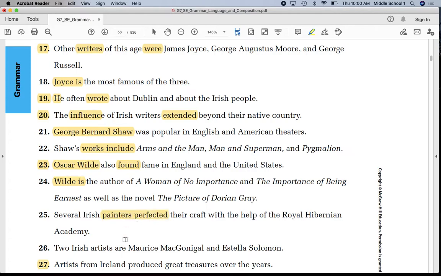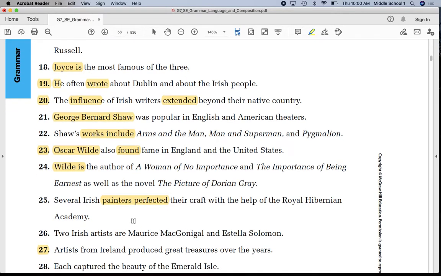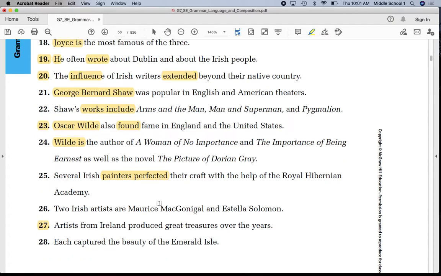Painters perfected, line between painters and perfected. Painters once, perfected twice. Artists are, line between artists and are, which separates the complete subject, Irish artists, from the complete predicate, are Maurice McGonigal and Estella Solomon. 27, again, artists produced.